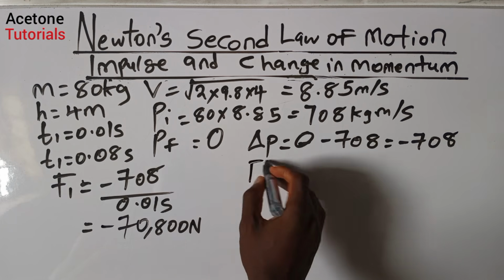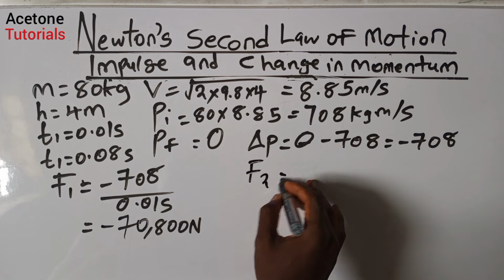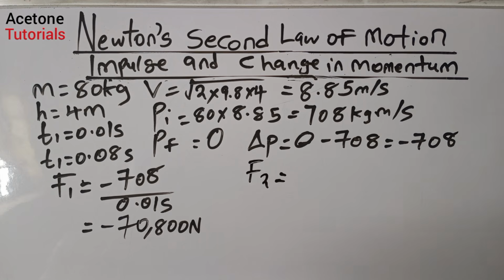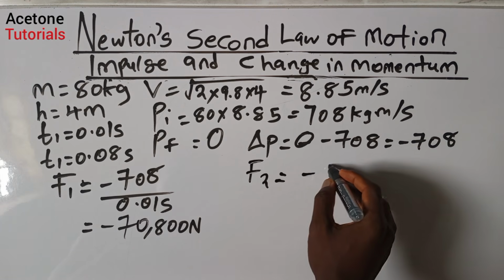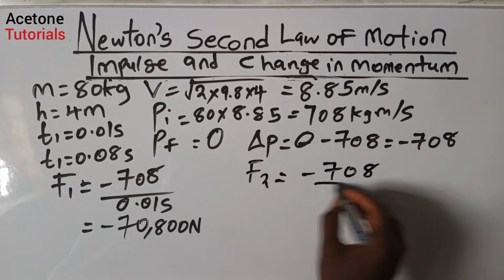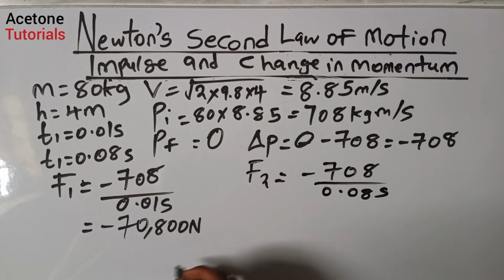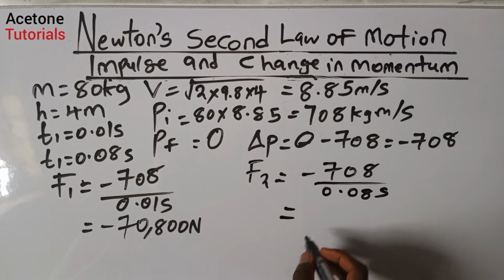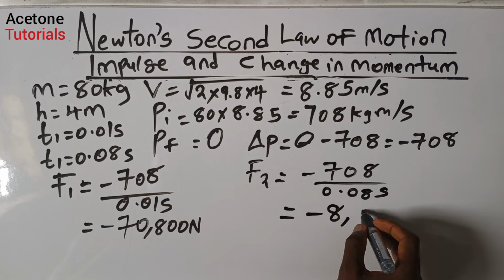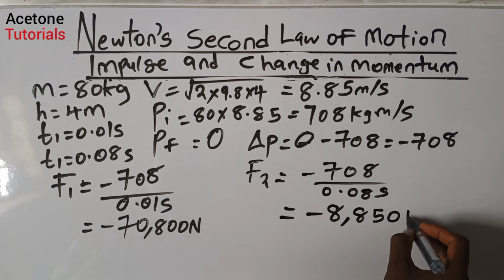Well, F2 is equal to minus 708 divided by 0.08 seconds, and that is equal to minus 8,850 Newton.